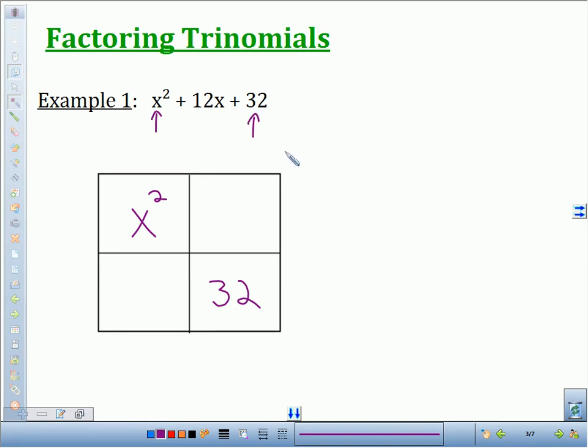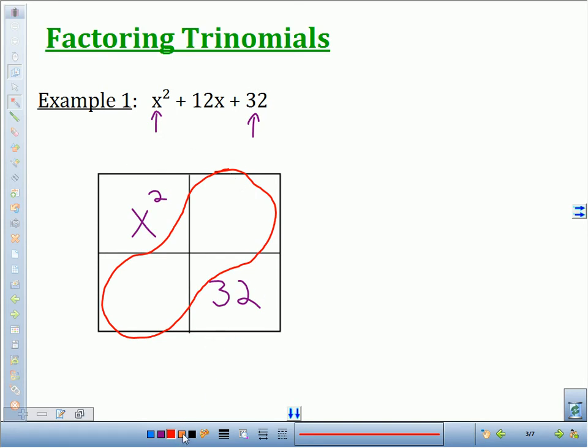And when I multiplied binomials, the first term didn't get added to anything, the last term didn't get added to anything. The ones in the middle, these two, did get added together. So the entire trick that's going on here is figuring out what goes in each of these two boxes. Once we can figure out what goes in each of these two boxes, we will be able to work out what our factors should be.